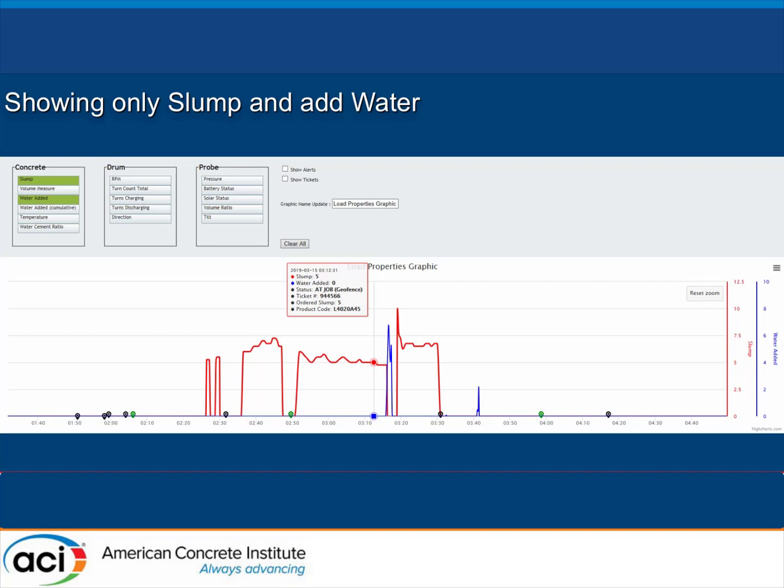But say it didn't go in from the flow meter, and the guy poured his own water from a fire hose or something, we would still have the spike in slump after the water was added and this was mixed. So we have ways to document when water was added and the mix was altered in a different way.